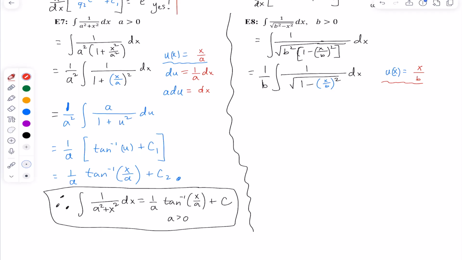After you state your U-sub, write your equation involving differentials. And remember, b is not 0 here. We're ready to substitute. And we know how to integrate this already.